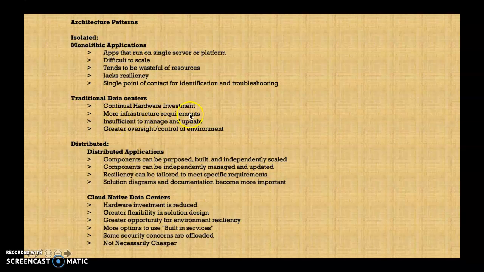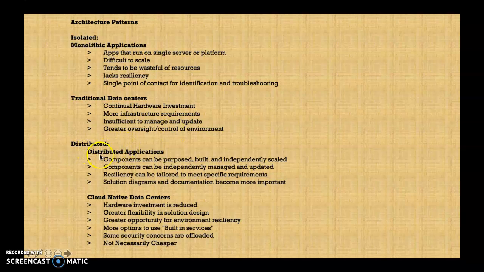More infrastructural requirements, insufficient to manage and update, greater oversight and control of environment. You can see there would be a lot of legacy here also, but you just want to take advantage of that. That all can be a constraint, positive or negative, both are there.